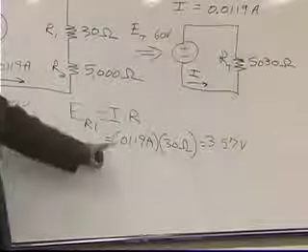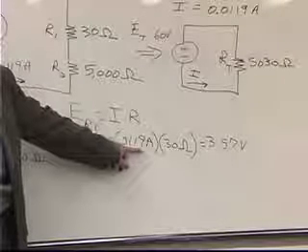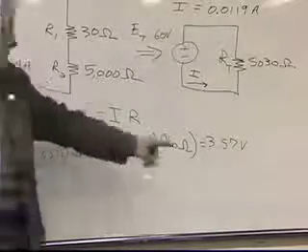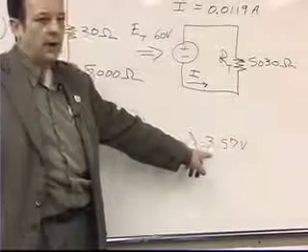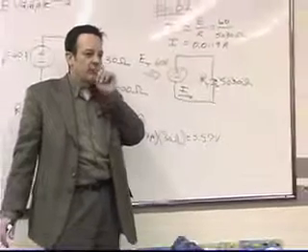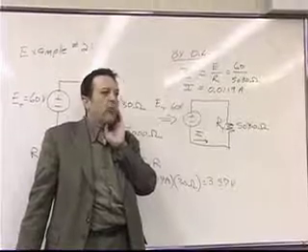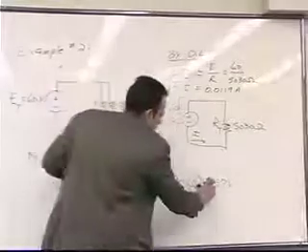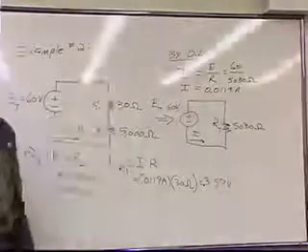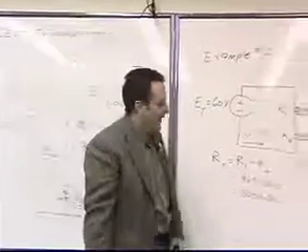Putting in 0.0119 times 30, what are you getting? 0.357. I concur. So everybody concurs. Let's just make sure that your calculator's not gone off the blade. 0.357. Important to keep track of those details. Good job.